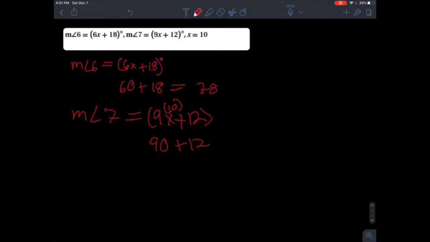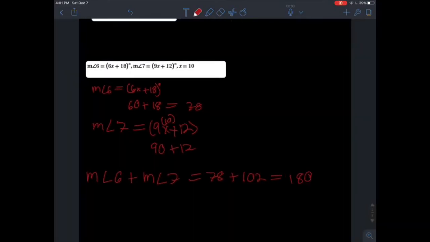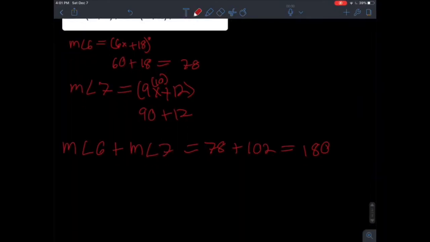And so now you do measurement of angle 6 plus measurement of angle 7 equals 78 plus 102, which equals 180. So measurement of angle 6 plus measurement of angle 7 equals 180.